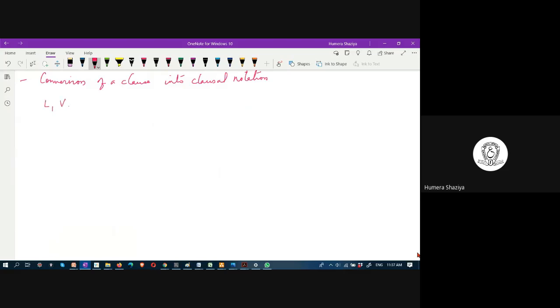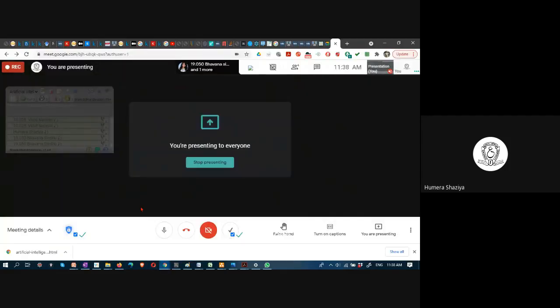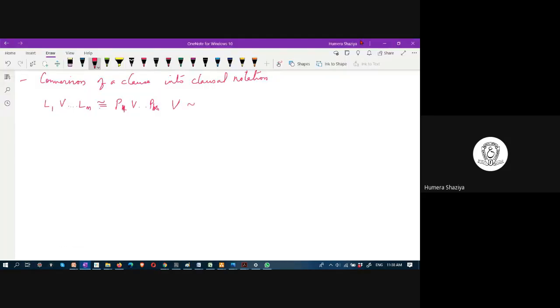Consider that L1 up to Lm is equal to P1 union up to Pk union not n1 up to not nt, where these are positive literals and these are negative literals.